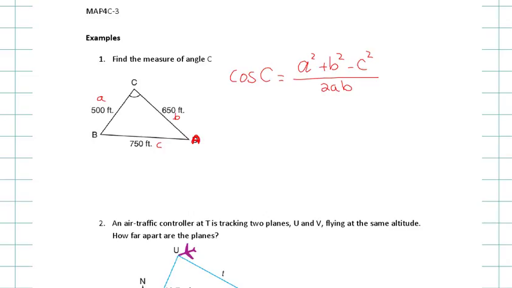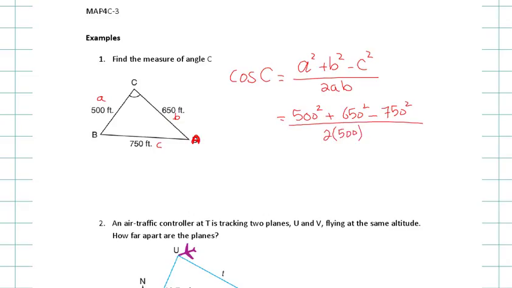So let's fill out the values. A is equal to 500. So that's 500 squared plus 650 squared minus 750 squared all over 2 times 500 times 650.